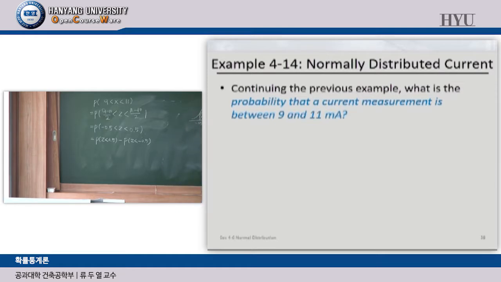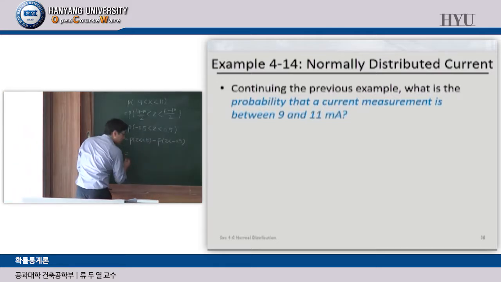So we can use this equation: first, we calculate the probability that Z is smaller than 0.5 minus the probability that Z is smaller than minus 0.5. So we can calculate this shaded area.